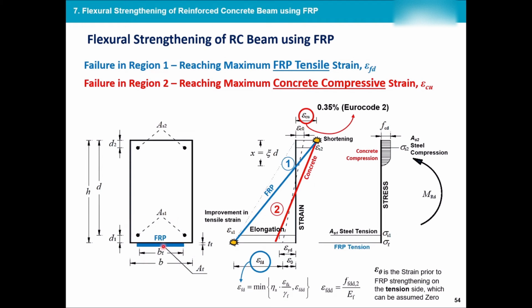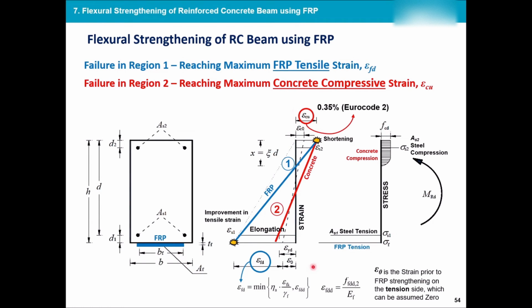Because I have tension at the bottom, I have added FRP at the bottom, and that will have an AF, which is the area of my FRP. And then the other properties like the height, the D, the cover in the top, cover at the bottom, width of my FRP, and the width of the section.